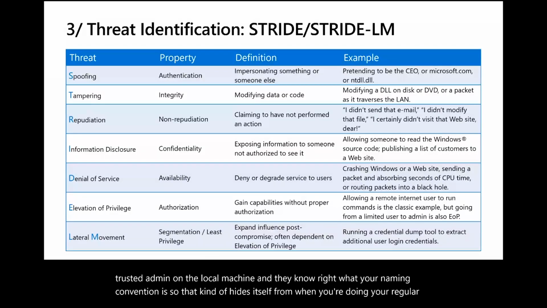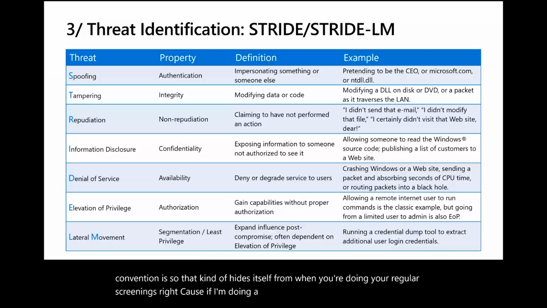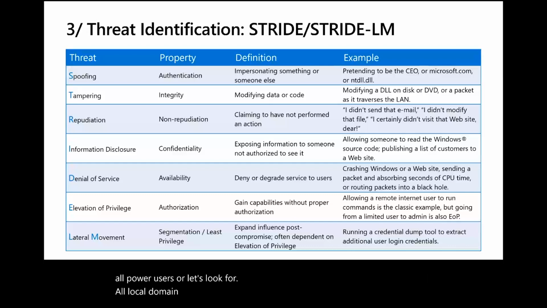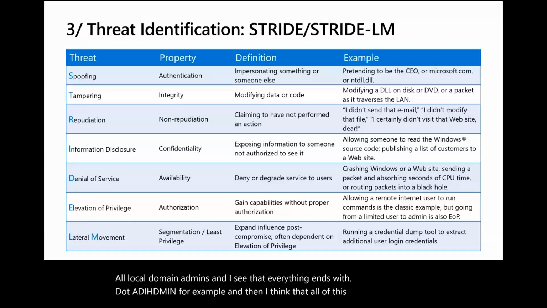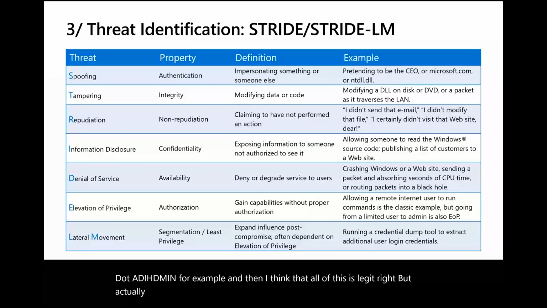Because if I'm doing a hunt and I'm searching for all power users, or all local domain admins, and I see that everything ends with .admin, for example, then I think that all of this is legit, right? But actually it's not. It's something that the attacker has tried to come in and do, a bit of a combination of spoofing and tampering together as well.